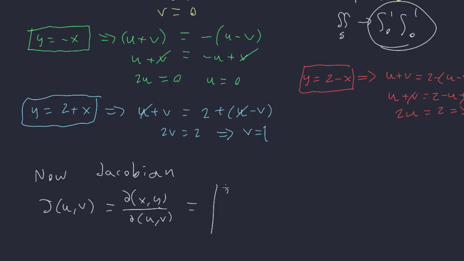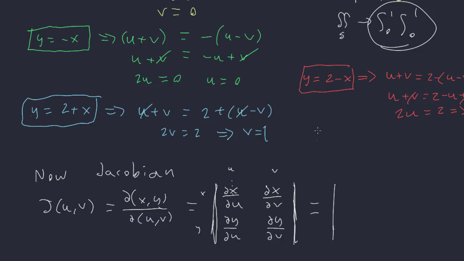So if you say that you're going to do partial x with respect to u, and then you put an xv here, that means this is the u column, and this is the v column. This will be the x row, and this will be the y row. You don't have to do it this way, but you have to stay consistent. However you decide to set it up, you have to stay that way. Okay?